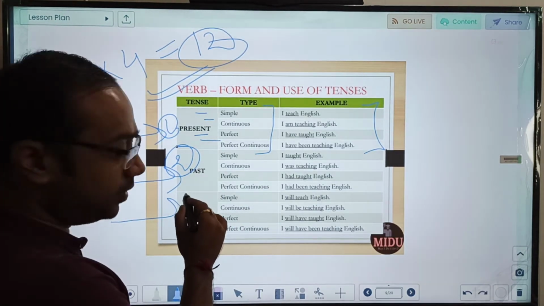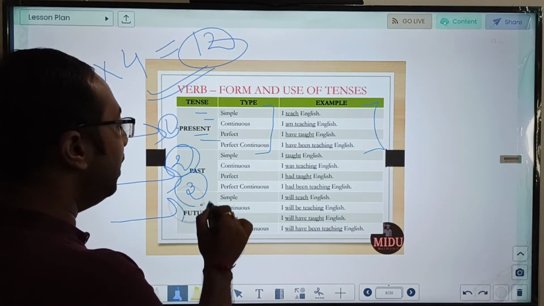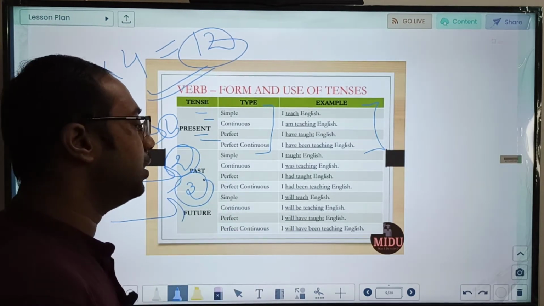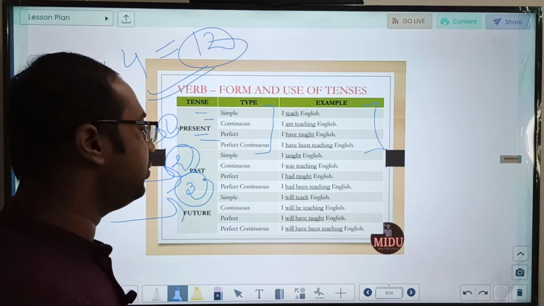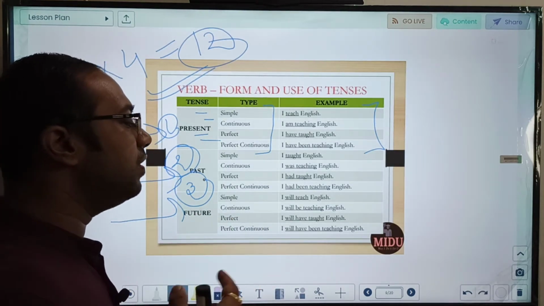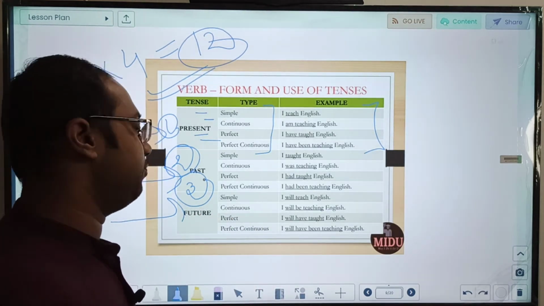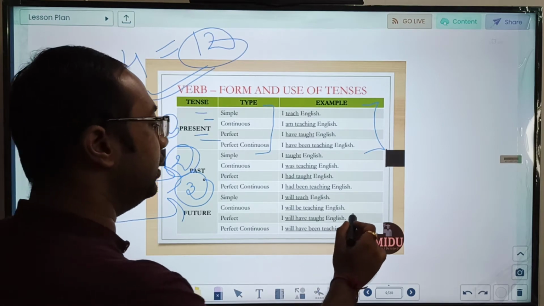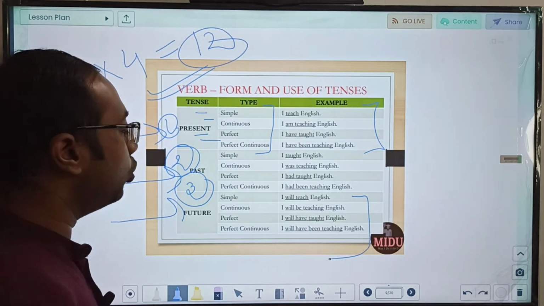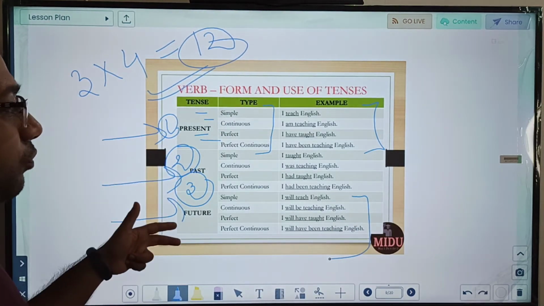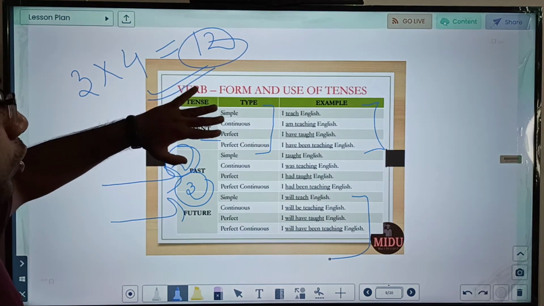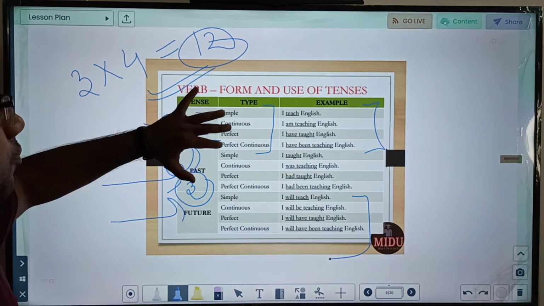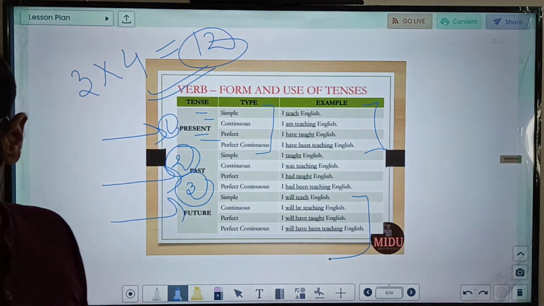Third type, which is basically future, I will teach English, simple. I will be teaching English, continuous. I will have taught English, perfect. I will have been teaching English, perfect continuous. So present, past and future, and in each four more types: simple, continuous, perfect and perfect continuous. Total 12 forms of tenses.